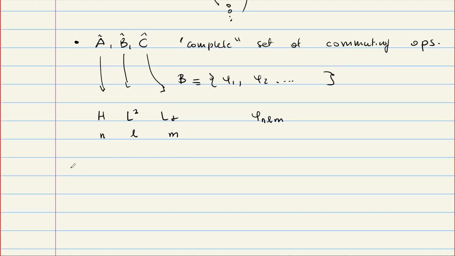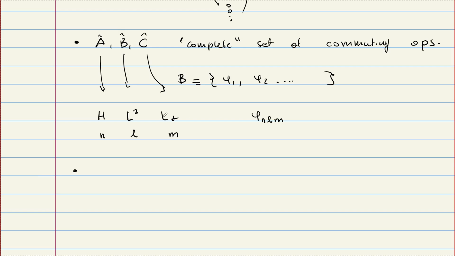What exactly do you mean by complete? Complete in the sense that, as we argued last week, it is a bit of a trial and error approach. For a given problem you cannot put any other operator in this set that commutes with all the others. But physicists don't prove anything.